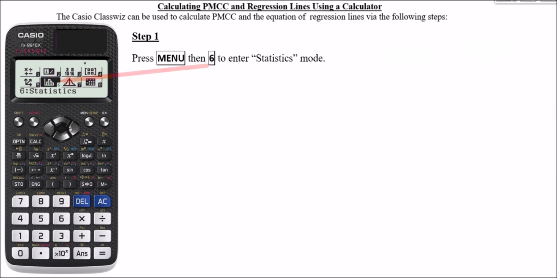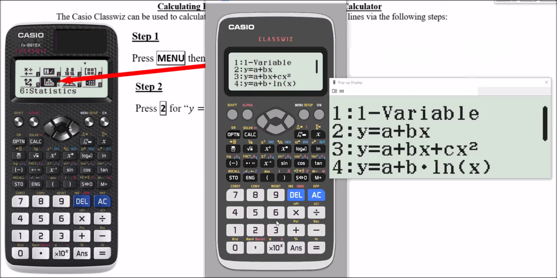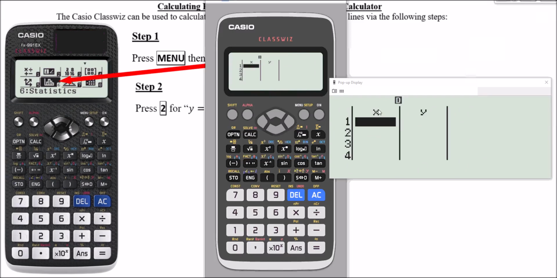After doing that, the second step: what we need to do next is press number 2 for y equals a plus bx. This essentially is y equals mx plus c with different letters and a different order. So this is fairly easy to remember because you're wanting it to be a straight line relationship that you're going to be coding. So on mine, just press option 2, then you get this here, a table of values for x and y.